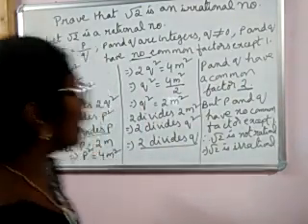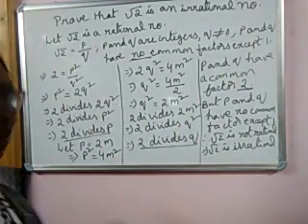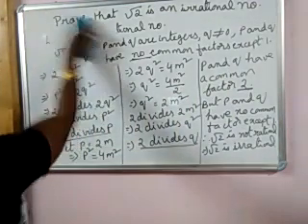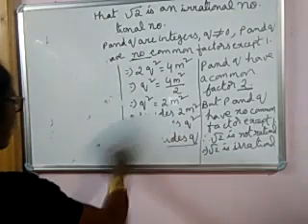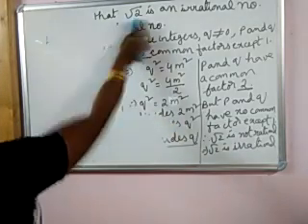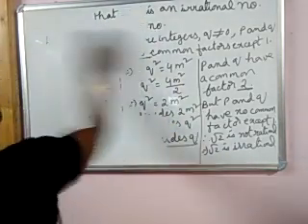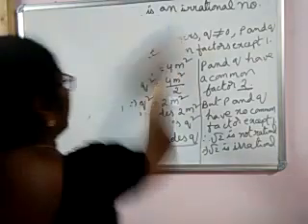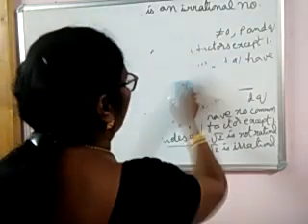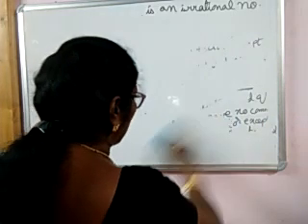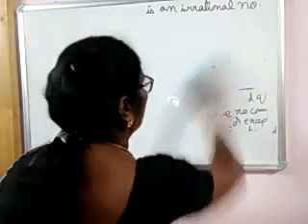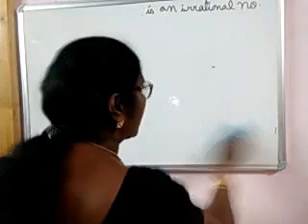Okay? Now let me explain you one more proof. How can we prove that root 2 plus root 3 is irrational? Just now I explained you only root 2. Now the addition of two irrational numbers is an irrational number. How? We know that it is irrational.